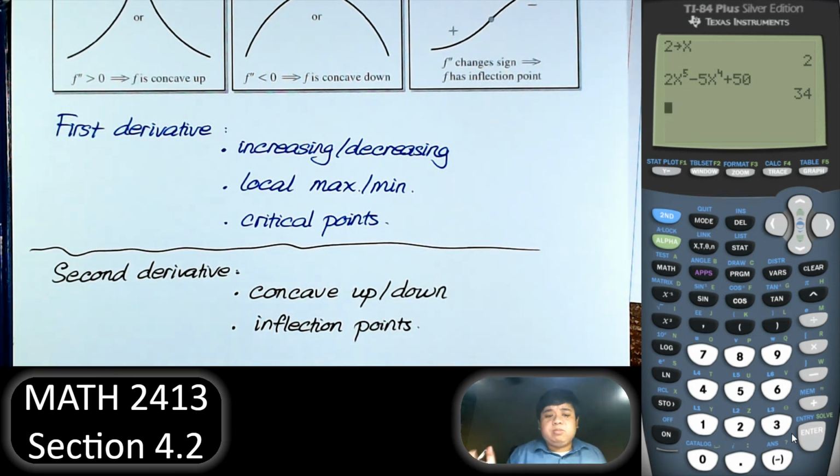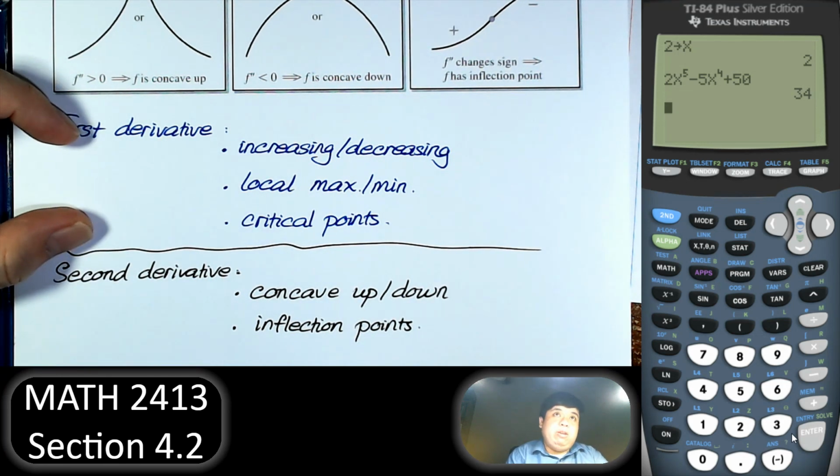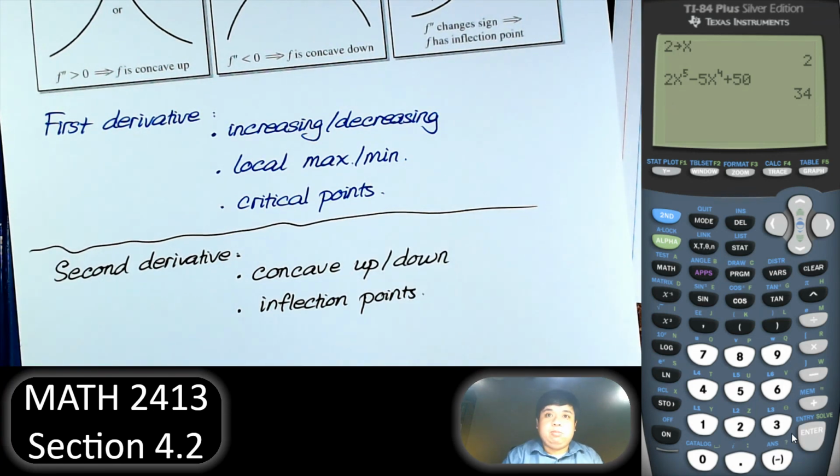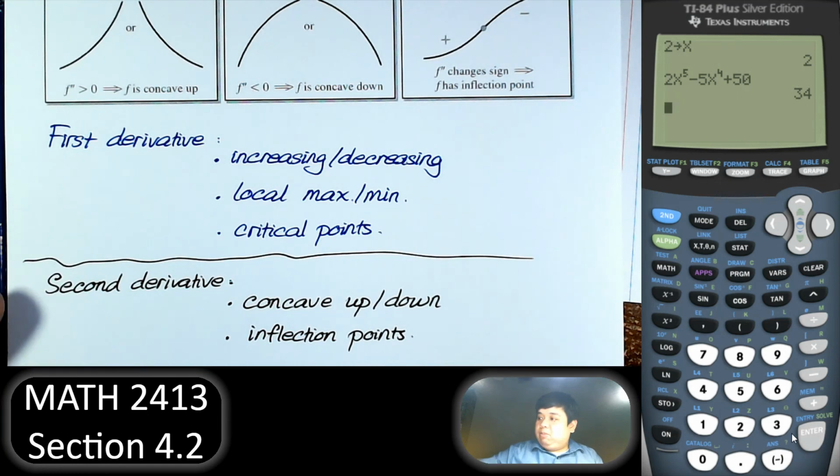And of course, there's the first derivative test, the sign chart, and the second derivative test. Those will come later when we revisit them. But the basic first derivative will tell us these things, and the second derivative tells us these things. With that, I stop section 4.2 here.